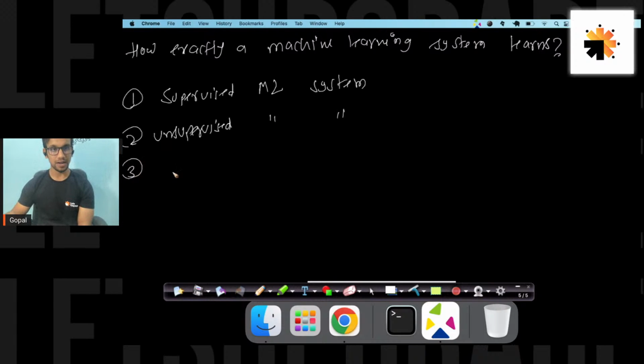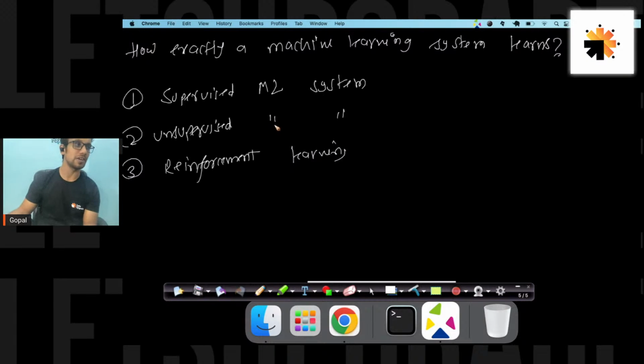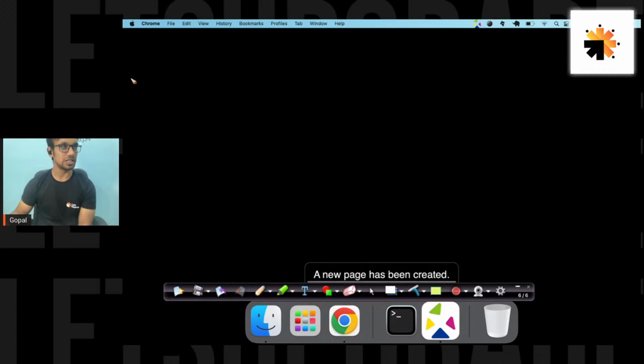And third one we have here is reinforcement learning. And then we have semi-supervised as well, then self-supervised as well. I wouldn't say there's no end, but there are a lot of learning systems now, especially in 2022. But we will be broadly speaking about these two specifically here. So now let's see what exactly your supervised machine learning system is.